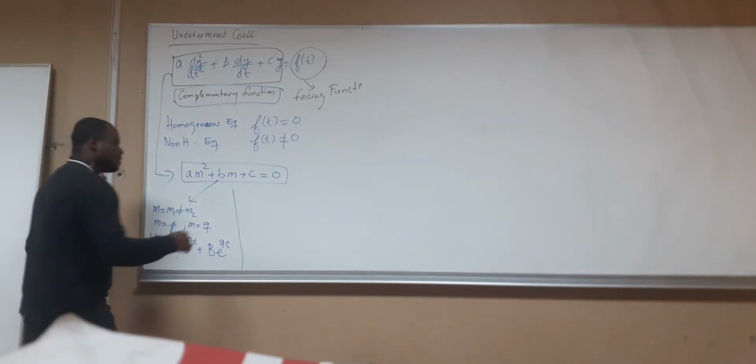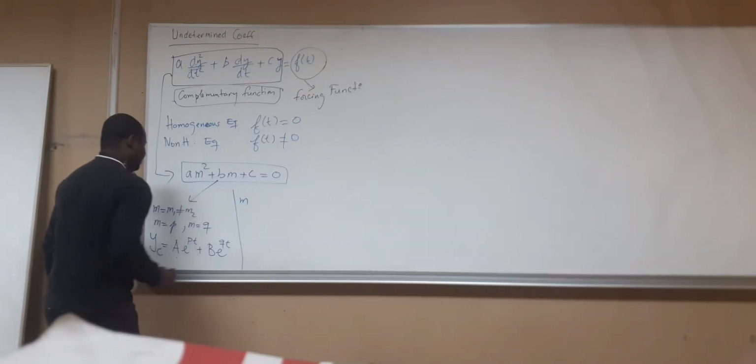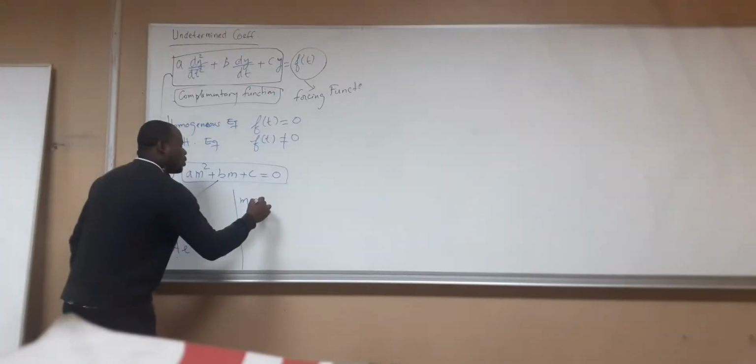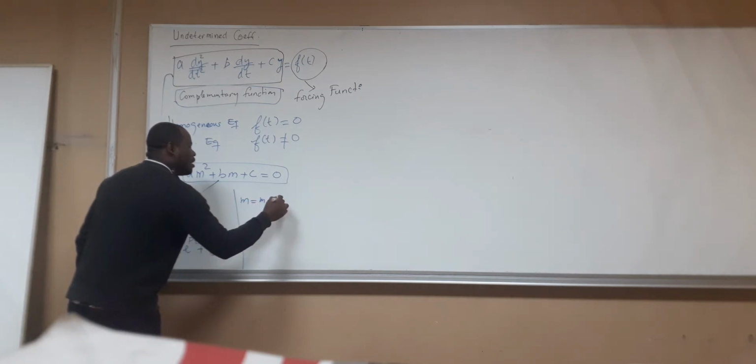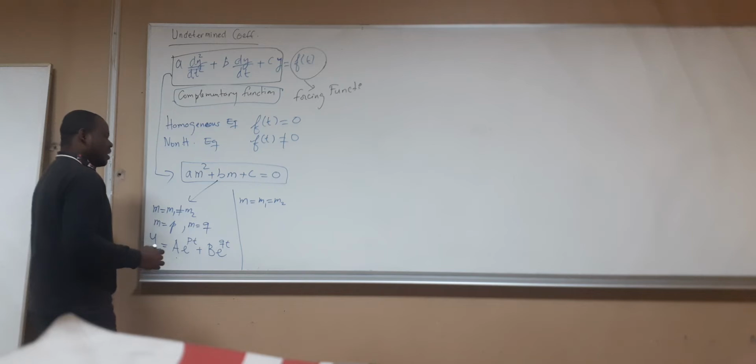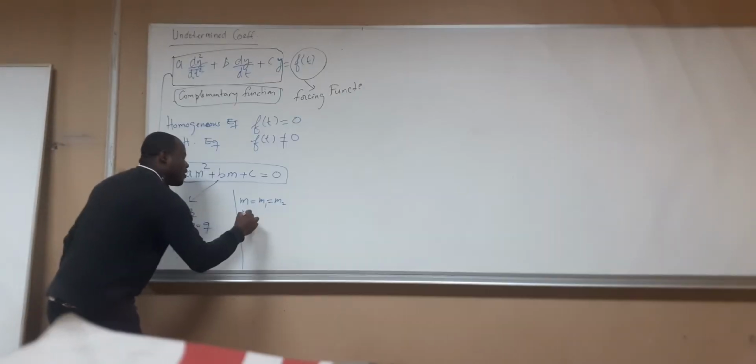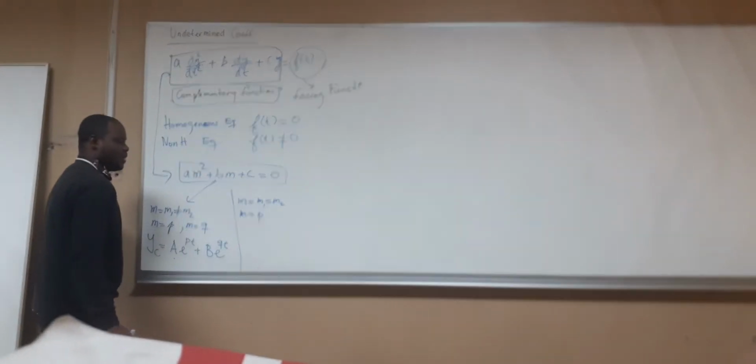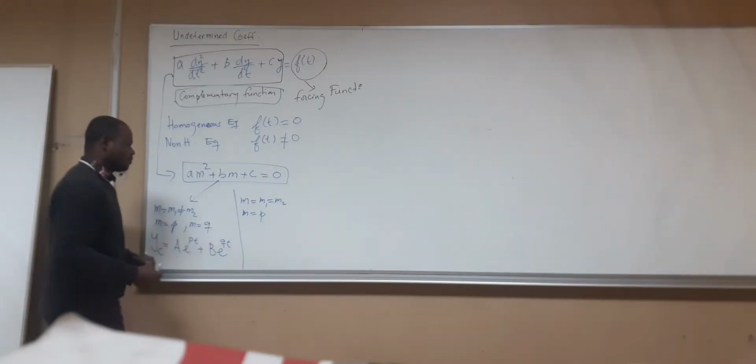The second case is when we have m1 equal to m2. Let's say we have m equal to p, so it's a repeated root. How will I write my yc?